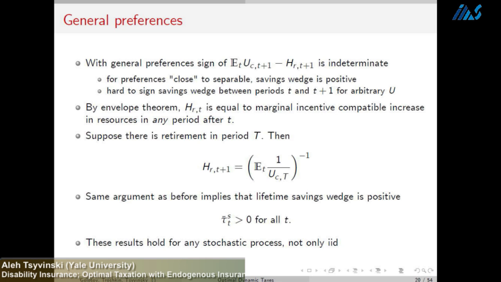So we're going to utilize this, and also we're going to assume, since we assume that there is a retirement in period t, that in the last period it's very easy to show that the marginal utility in the last period is going to be exactly equal to 1 over u prime. So we have a result about the lifetime saving distortion, which is the difference between the marginal utility of consumption today and the expected discounted marginal utility of consumption in the terminal period. So that wedge you can sign. Okay?